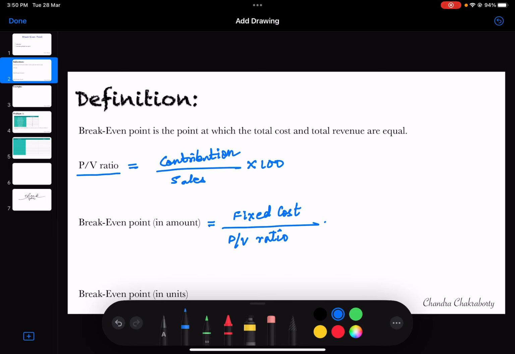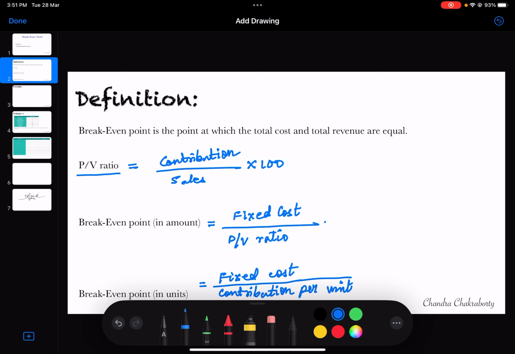Next is break-even point in units. How to get the break-even point in units? It's very easy. It's fixed cost divided by contribution per unit.